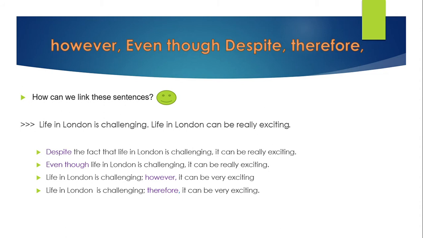Or you can say, even though life in London is challenging, it can be really exciting. Or you can write in this way, life in London is challenging, however, it can be very exciting. Finally, you can write, life in London is challenging, therefore, it can be very exciting. So you see, one sentence has been changed into 4 types using different connectors.